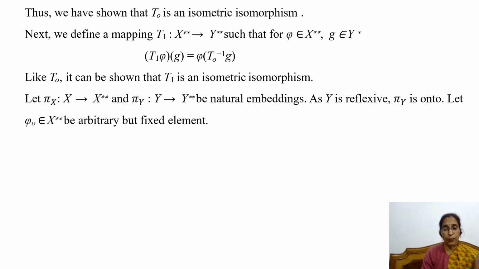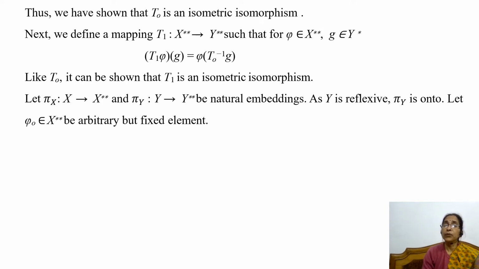Let me make it more clear. For phi in X double star, T1 phi must be an element of Y double star. That is, T1 phi is a mapping from Y star to K. So T1 phi of g must be a unique element of K.